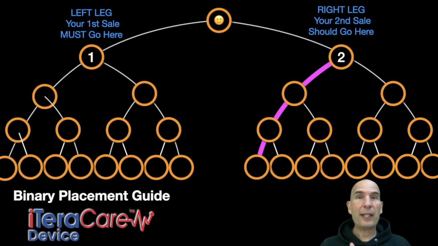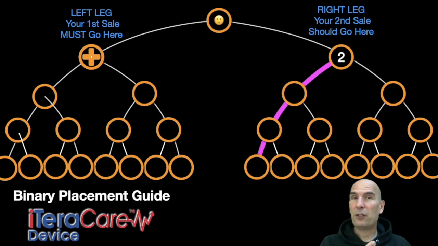Now, if you're lucky, your sponsor is going to make more sales than you. Basically, I'm filling the left leg for all of the people that buy from me. So for example, let's say you buy one, and before you make your first sale, your sponsor makes another sale, and that sale takes that first spot there.